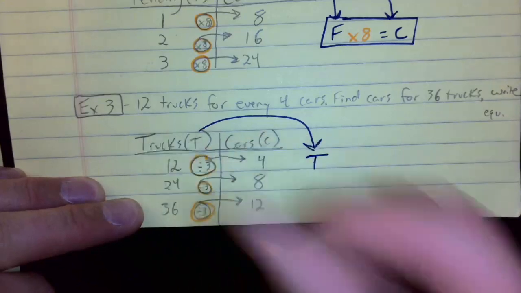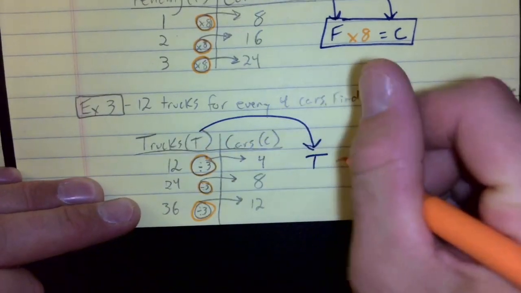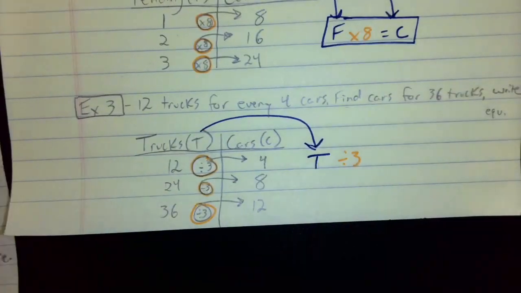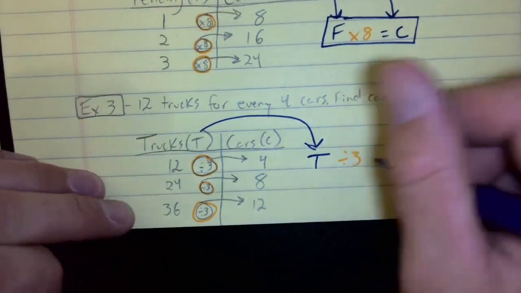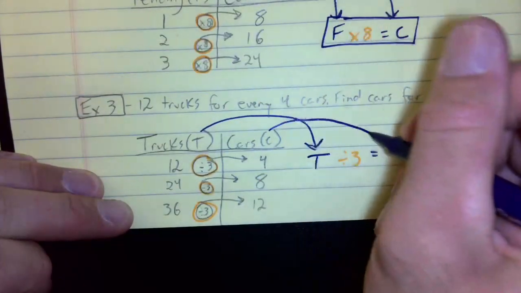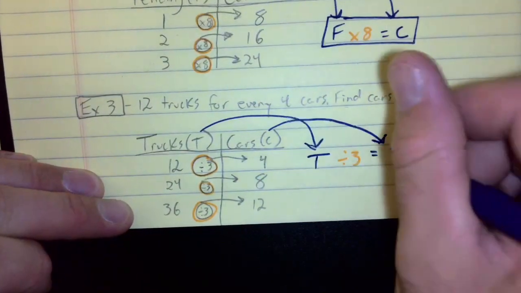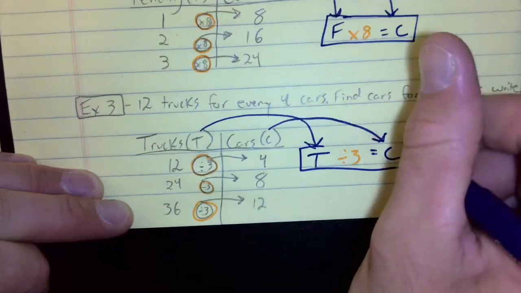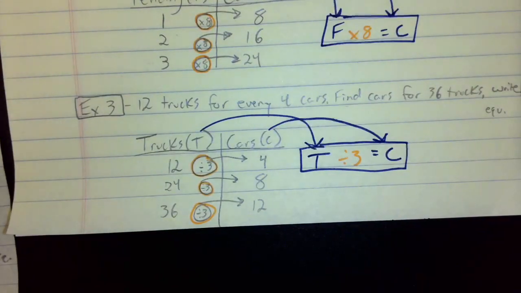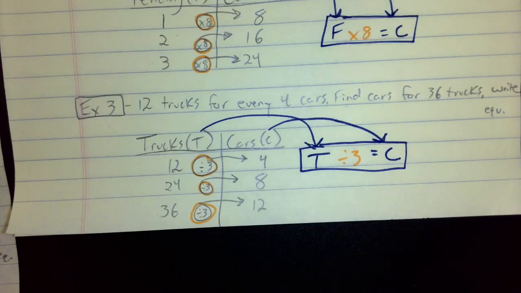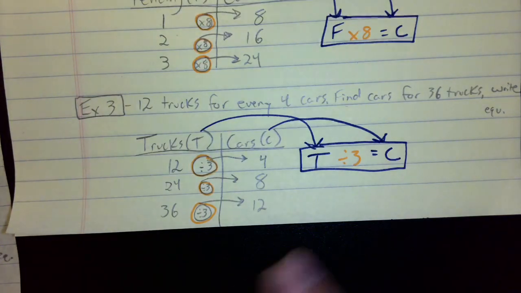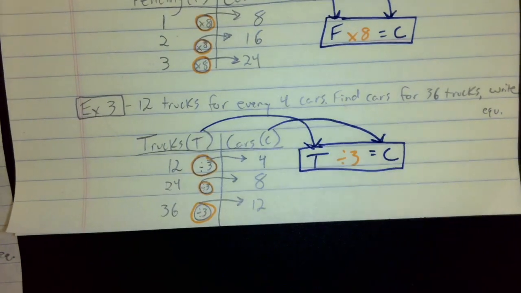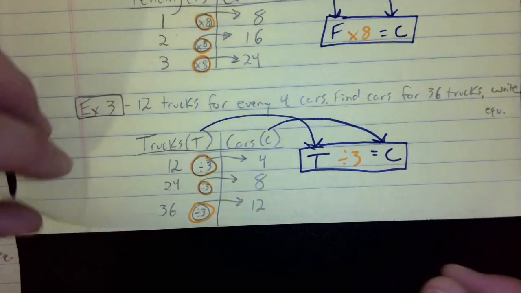So T divided by 3 will give you C. That's it. T divided by 3 will give you C. We're going to try example 4.